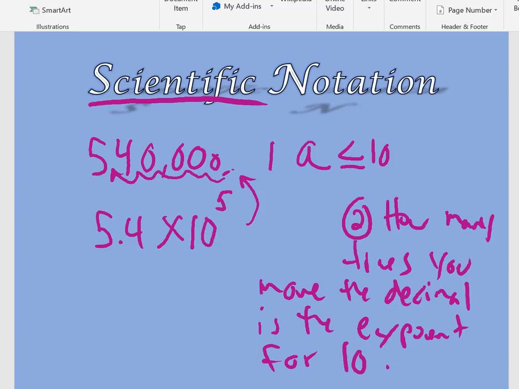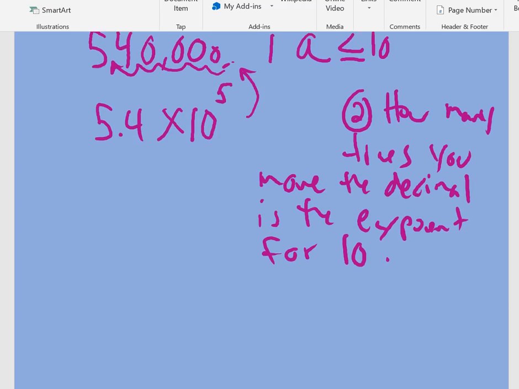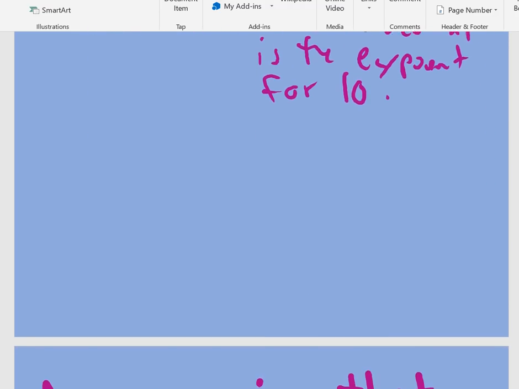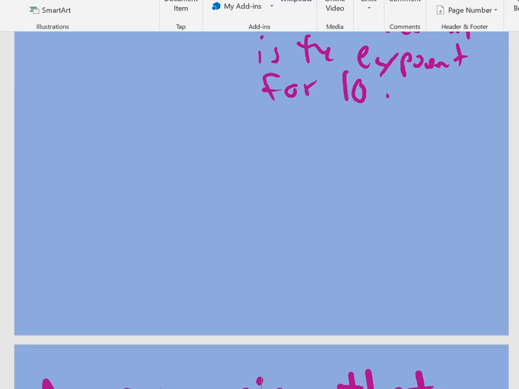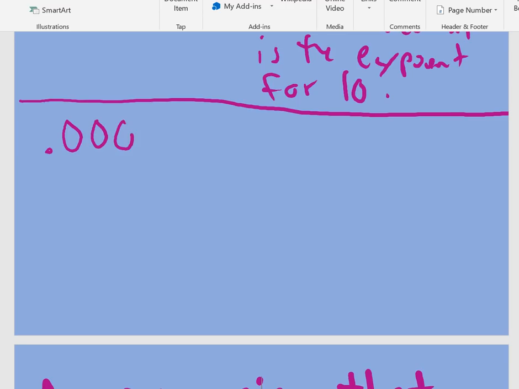Alright, let's take another one. So what we did is we wrote that number in a way that it will be easier for us to use. Now, one of the stipulations was it's a really big or really small number. What if you had the number, like let's say the length in inches of the cell wall of a flower or something like that?